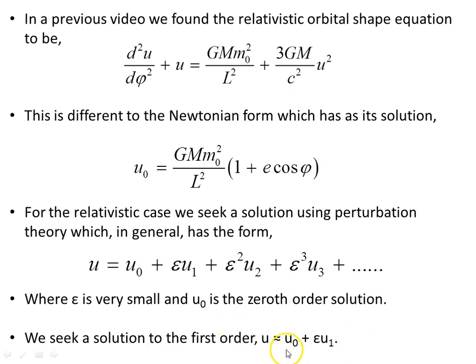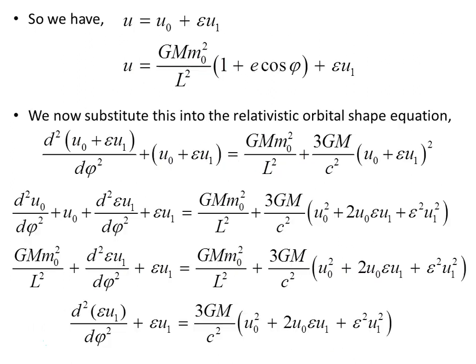So we're going to take this to first order, the 0th order plus the first order term, and we'll take that as our approximate solution. So u is the Newtonian solution we saw earlier, plus epsilon u1. We want to find this u1.